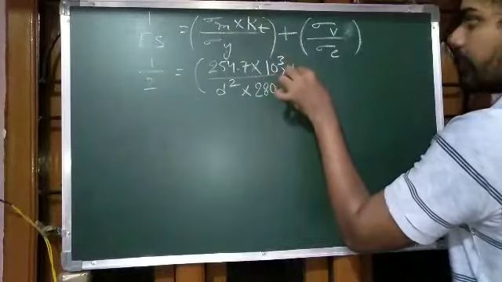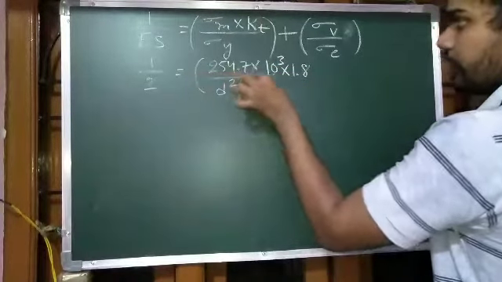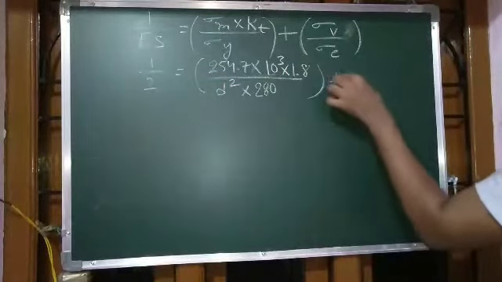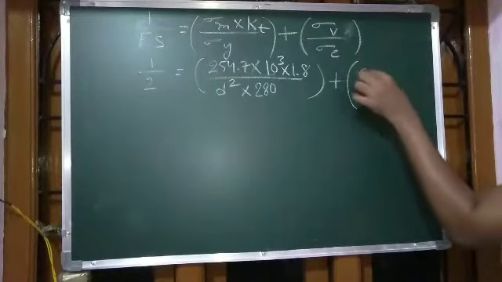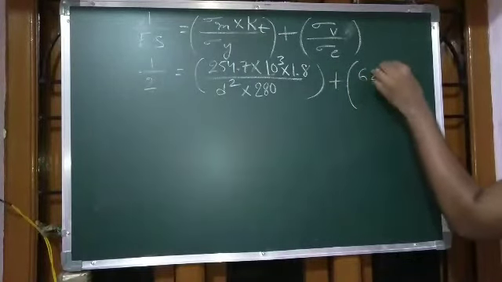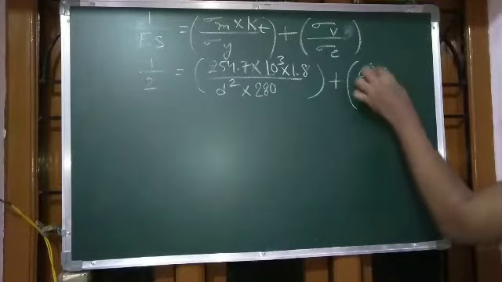The value of kT is 1.8. Plus sigma v. The sigma v value is 636.62.